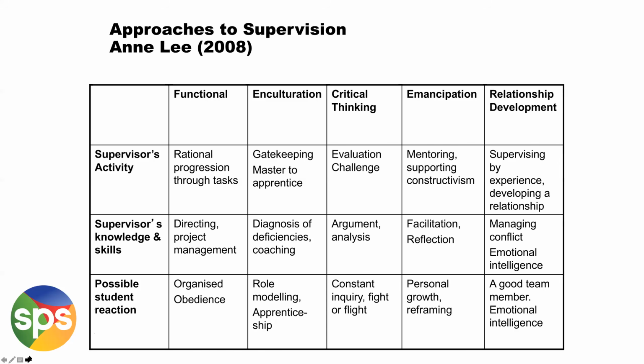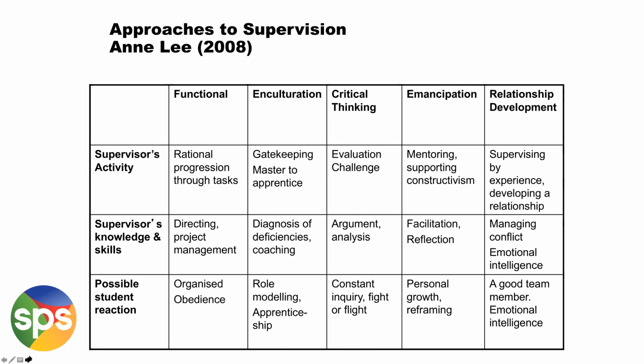If you're lucky, your student will emerge being someone who has a constant inquiry and who for themselves reflexively thinks about their own practices and their own thinking. On the other hand, you might get a fight or flight reaction where the student doesn't like being constantly challenged and pushing back.